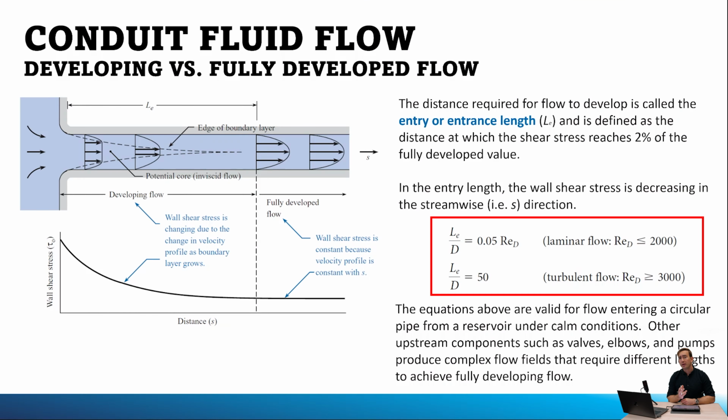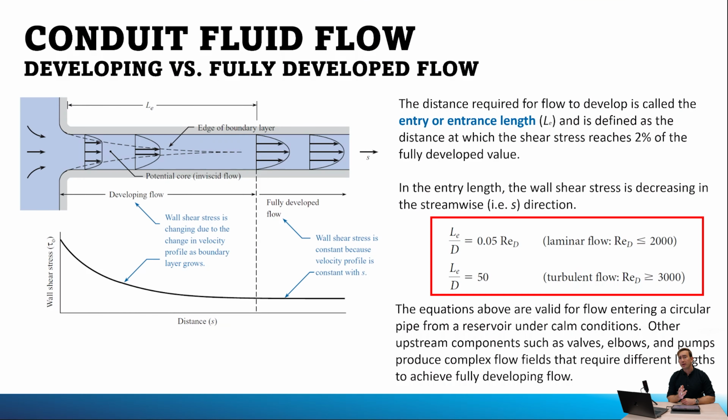So we know that Reynolds number is equal to V times D over kinematic viscosity. Now in this particular example, we were given the velocity of the air. We were told that the velocity was 12 meters per second.